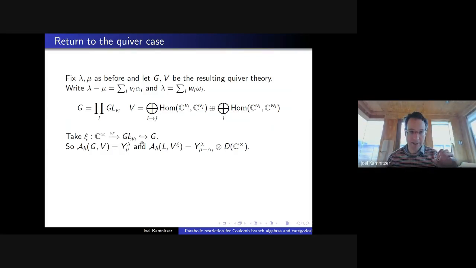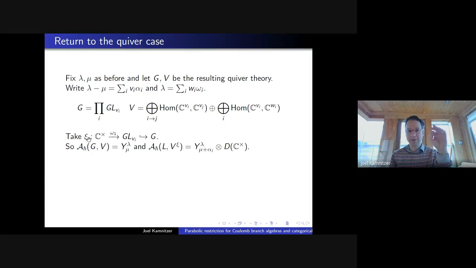And what's good about it is that, what will L become? Well, L will be the centralizer, which means that in this ith piece, you're going to end up with GL1 cross GL V_i minus 1. So we've split this GL V_i into GL1 cross GL V_i minus 1. And what will V C be?